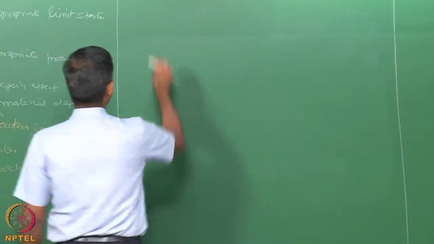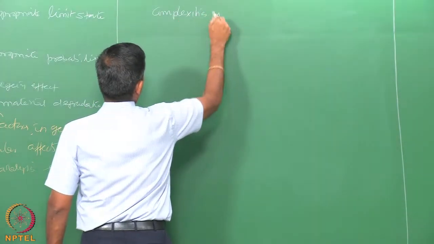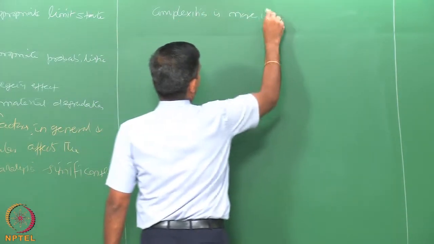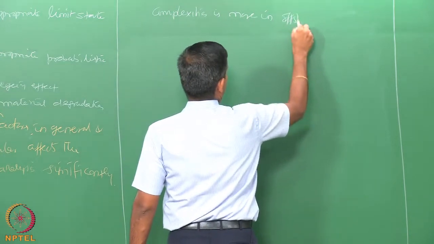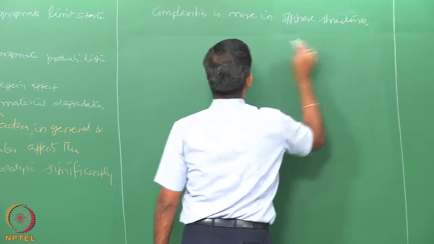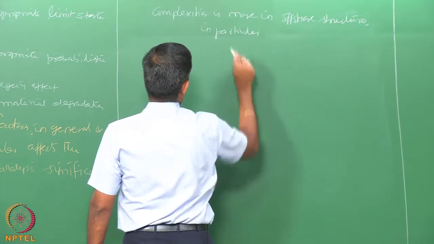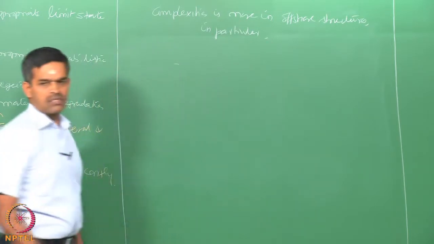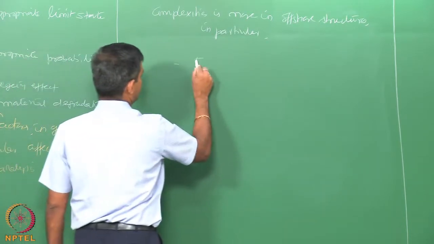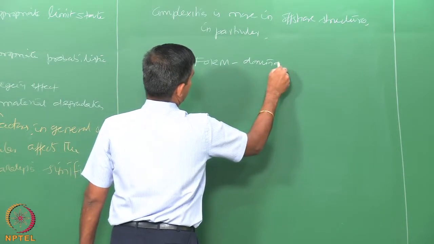So, the complexity is more in offshore structures in particular, because offshore structures are generally form dominated. We can give a very interesting example.